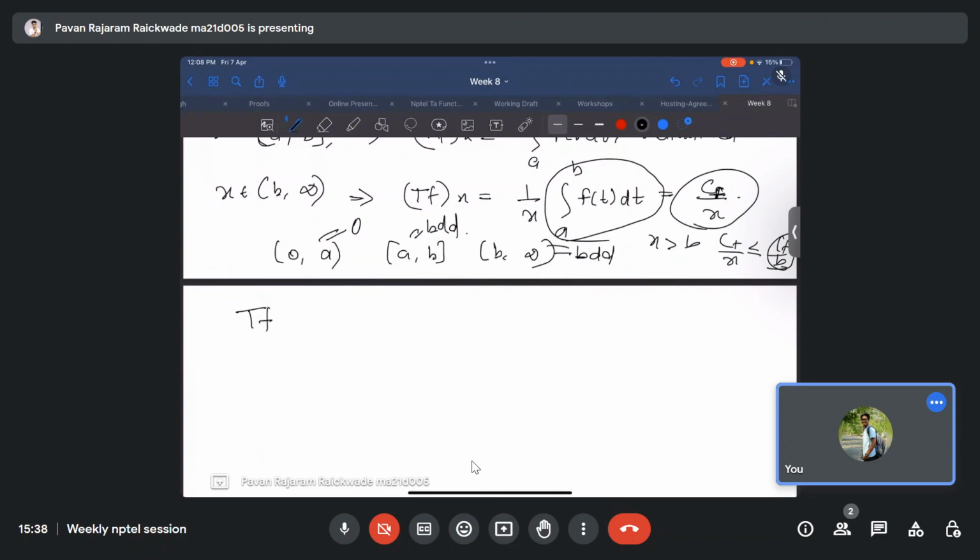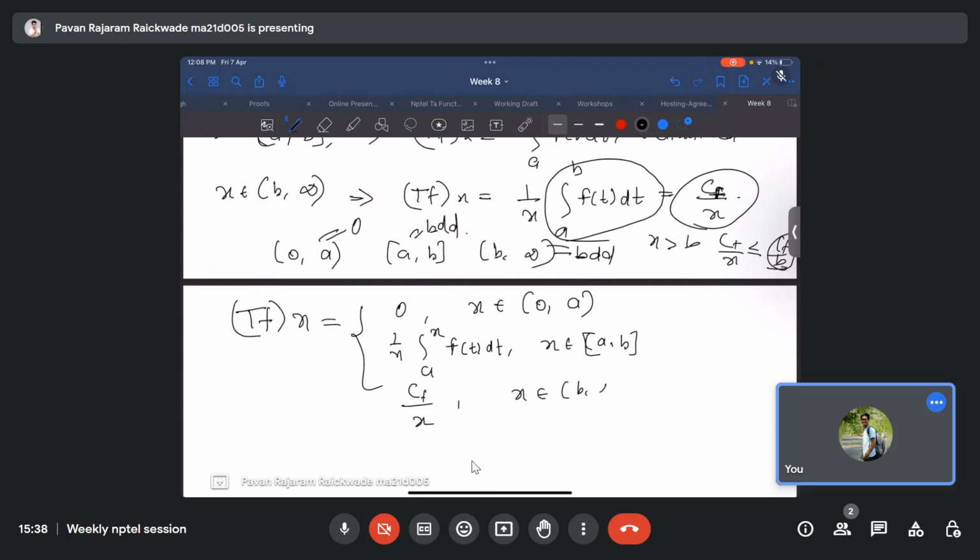So Tf of x, if I write it here, is 0 if x belongs to (0, a), then the integral from a to x of f(t) dt divided by x if x belongs to [a, b], and it is just c_f by x if x belongs to (b, infinity).